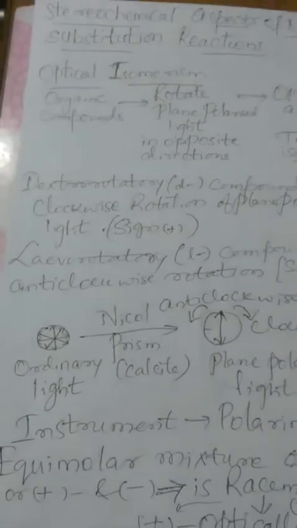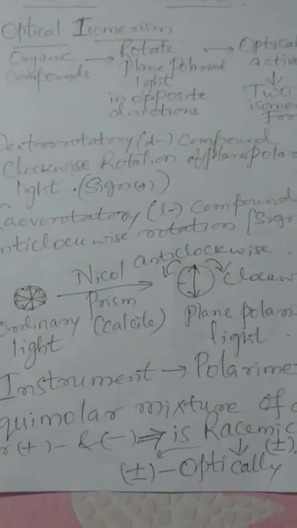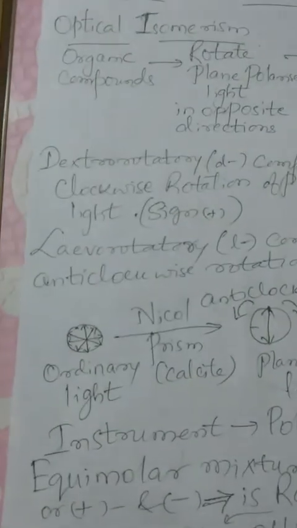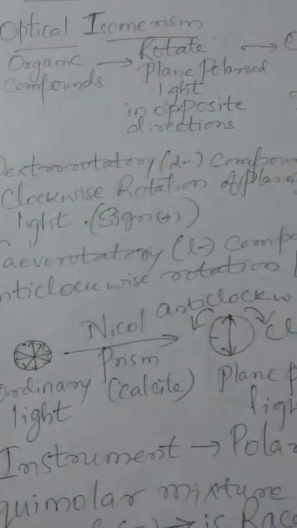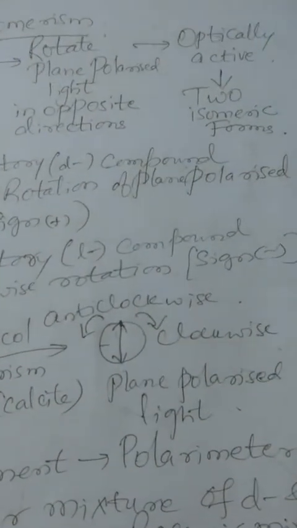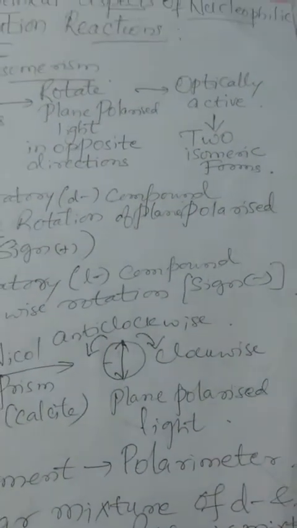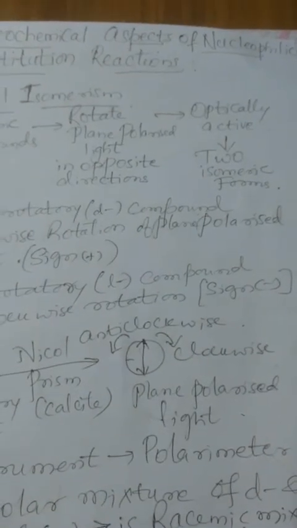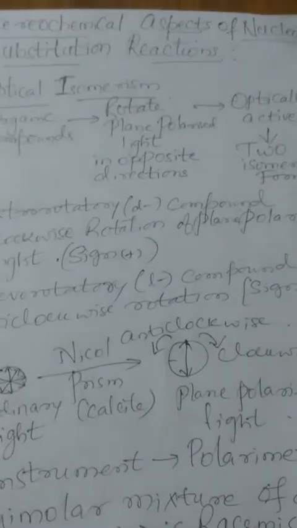Whereas the optically active isomer which rotates the plane polarized light in the anti-clockwise direction is said to be a levorotatory compound or l compound. It is represented by the minus sign written in brackets. So you should remember what d and l compounds are. Both are optically active.